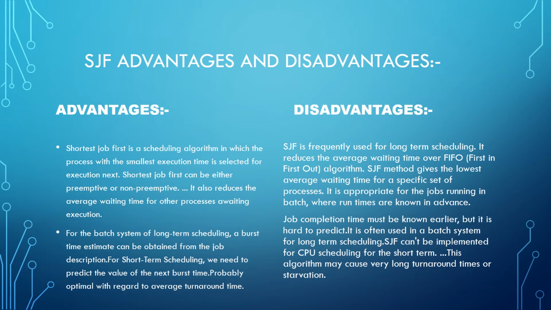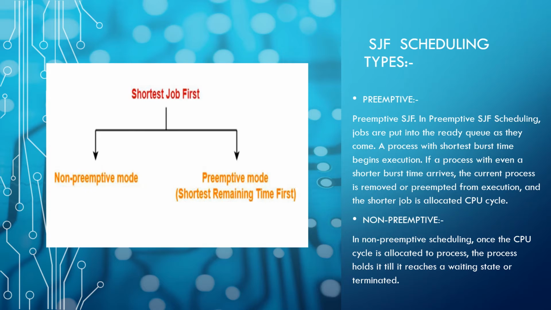So the job completion time must be known earlier, but it is hard to predict. We can't find it out. So it is often used in batch systems for long-term scheduling. It can be implemented for short-term CPU scheduling. It can cause very long turnaround times or sometimes starvation.